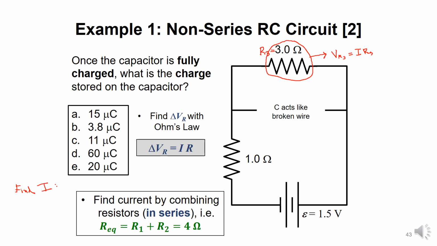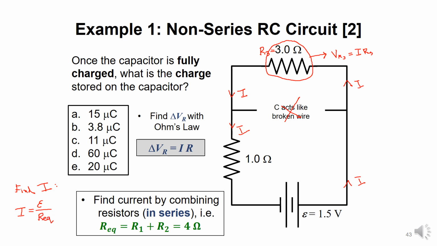We are trying to find the current from the battery going through both resistors. Like we said, the capacitor doesn't exist, so we don't have to consider it. This current goes through both the resistors because they're in series. It's the same current. So current equals the battery voltage divided by the combined resistance, the equivalent resistance.